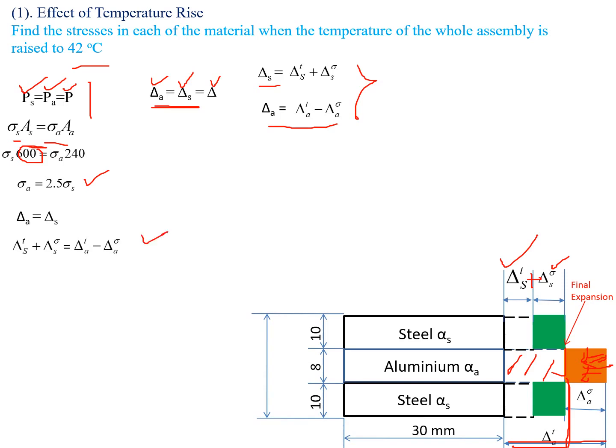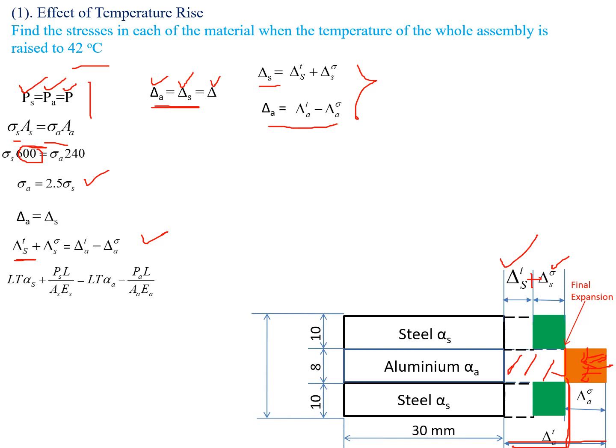So I have to say that delta S of T plus delta S of sigma equals delta A of T minus delta A of sigma. Here, delta S T is the thermal expansion in the steel bar, which is equal to L T alpha S. And delta S sigma is the expansion due to the tensile forces, which is PL by AE.